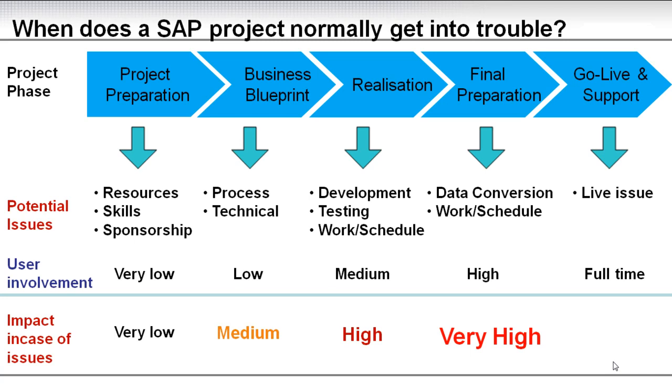You have passed the point of no return, and you might be in a situation where SAP is replacing other systems which cannot be extended. So you really want your issues raised, addressed, and resolved before you go past the business blueprint.